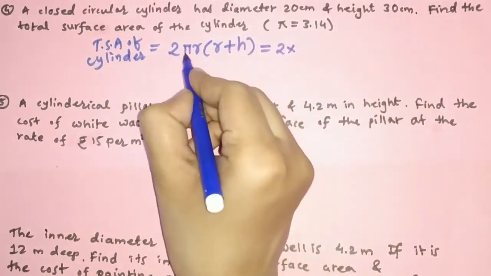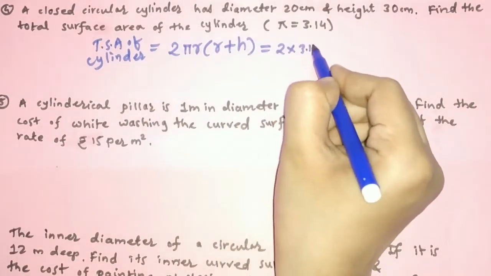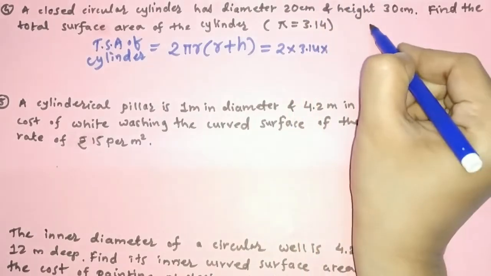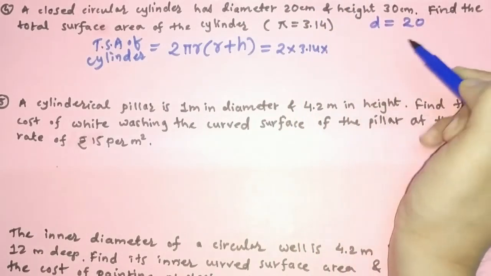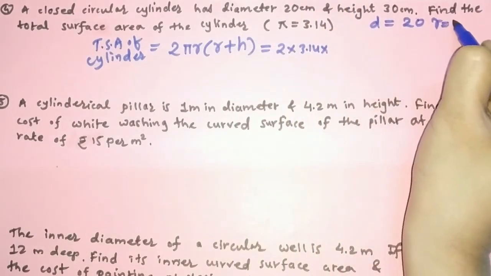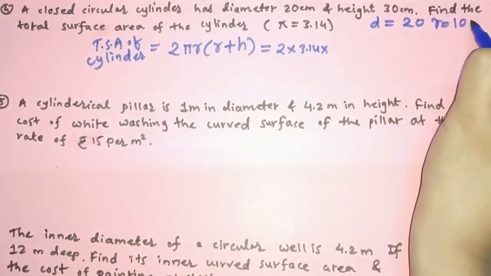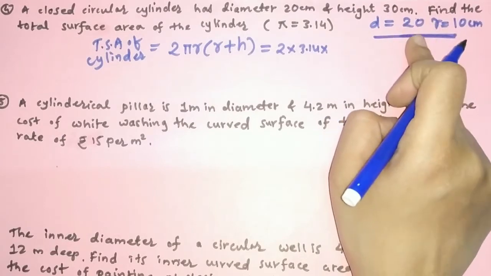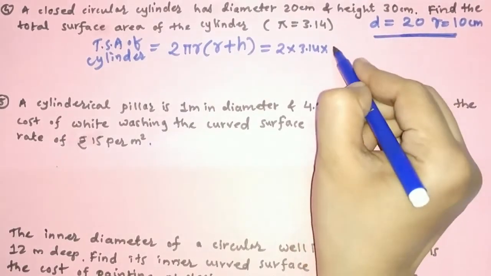So 2 into pi's value, we have to take 3.14, into radius is what? Here radius is not given, directly diameter is given, 20. So radius is half of the diameter, that is 10.